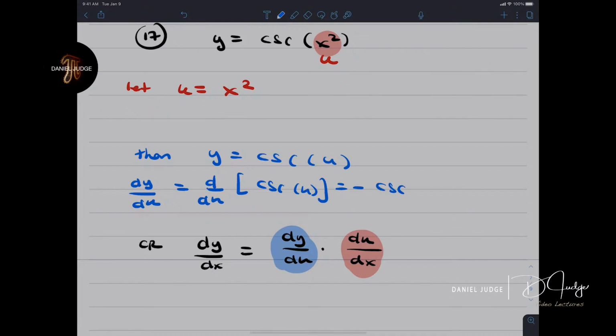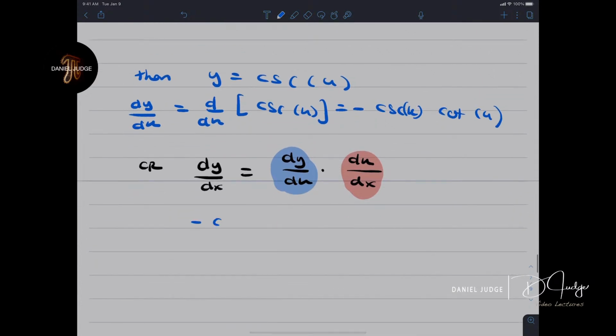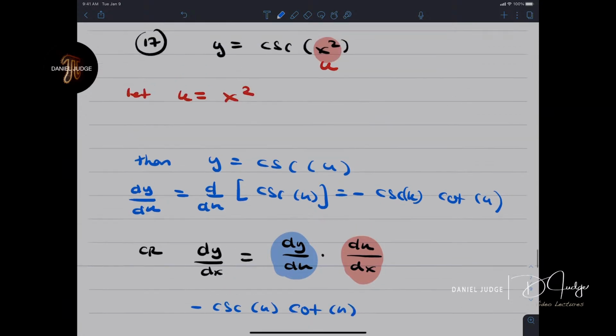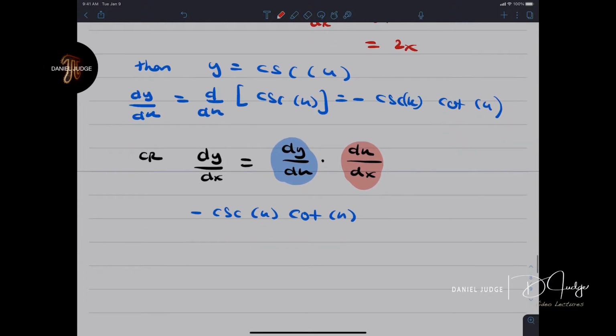That's minus cosecant of u cotangent of u. So this portion is minus cosecant u cotangent u. Du dx is d dx of x squared, and that's 2x. So this portion down here, the chain portion, is 2x.